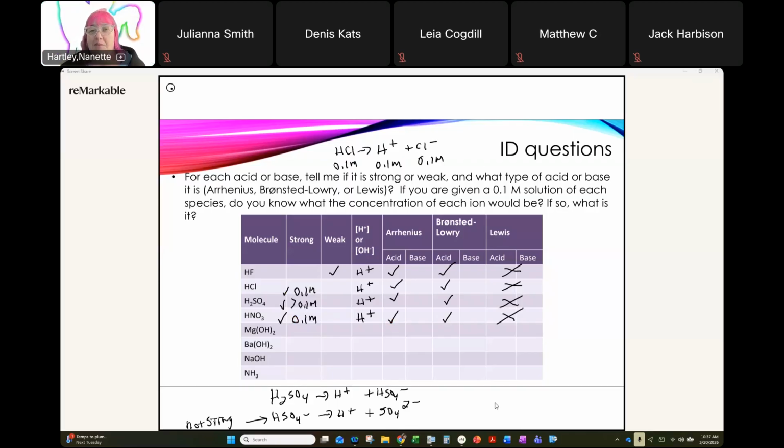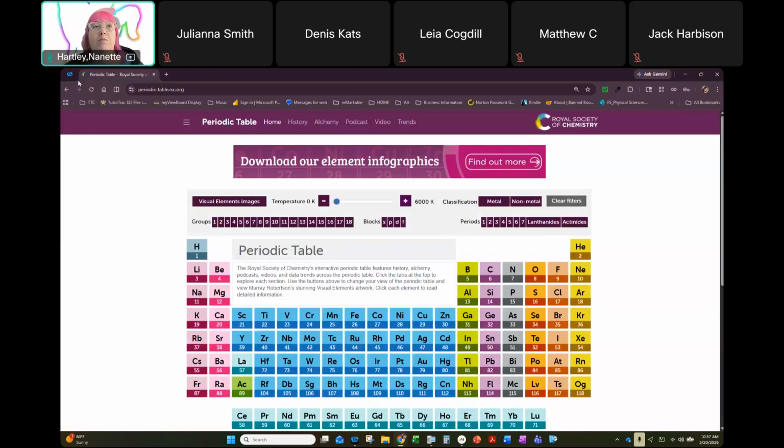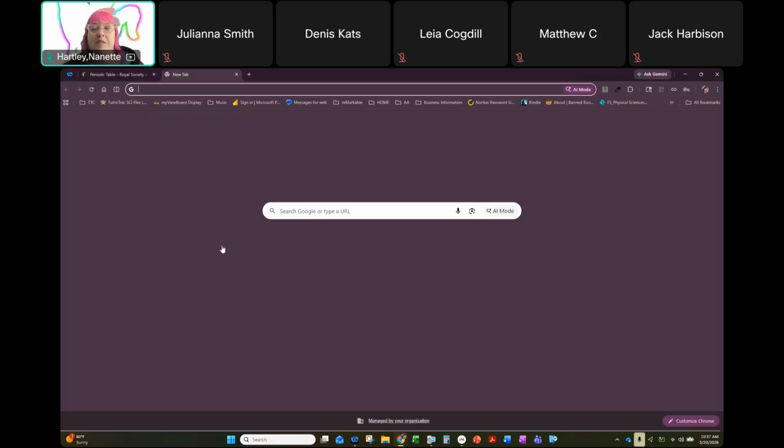Now, let's talk about MgOH2. Now, MgOH2, when I look on my periodic table, or not the periodic table, the exam handouts. Let me pull those up. Because the acids are easier.